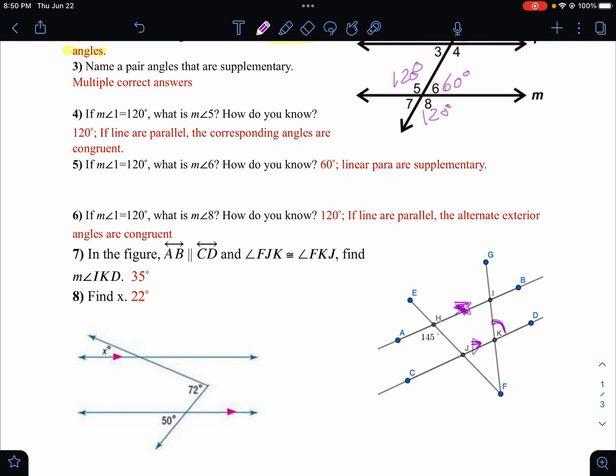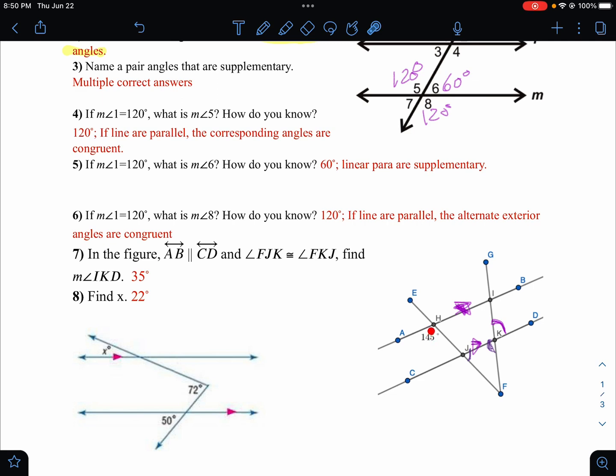And we're told F to J to K, let me use a different color there, this angle, and angle FKJ, this angle, are congruent. And notice because we have vertical angles, we know that these two angles are congruent. We're told angle AHJ is 145, so I'll use that fact.